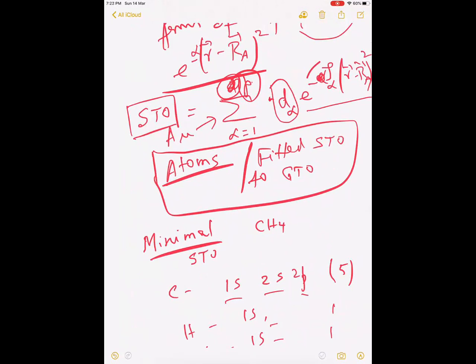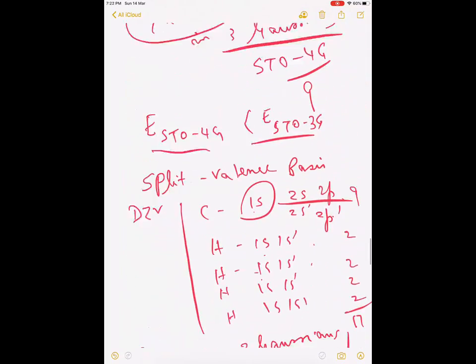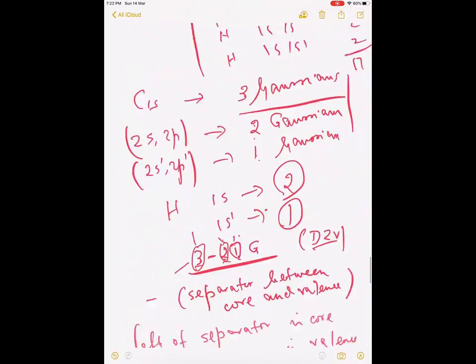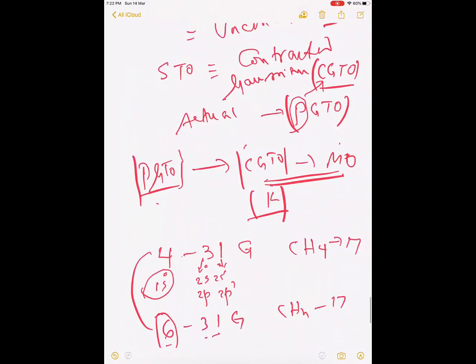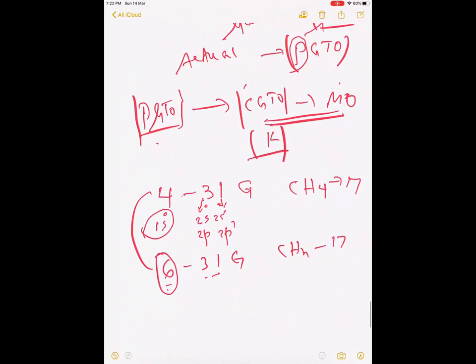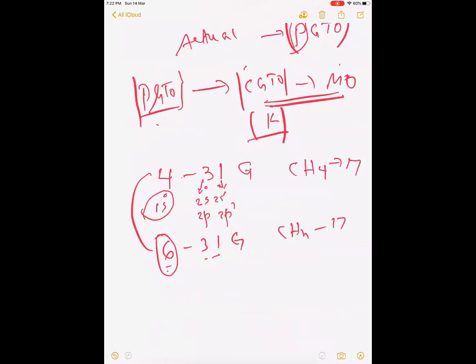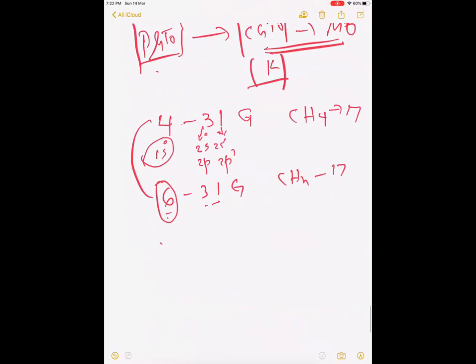So the core orbitals which are actually bound, they need to be really atomic in character because they are very close to the nucleus. If you have noticed, every basis set, core always has more number of Gaussians than the valence, because the core is more atomic.